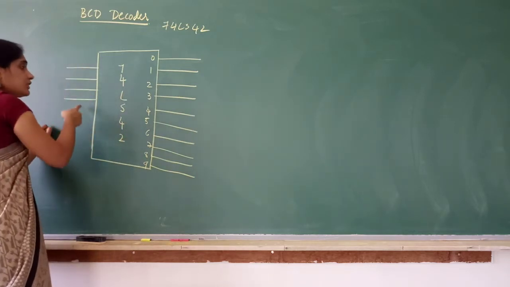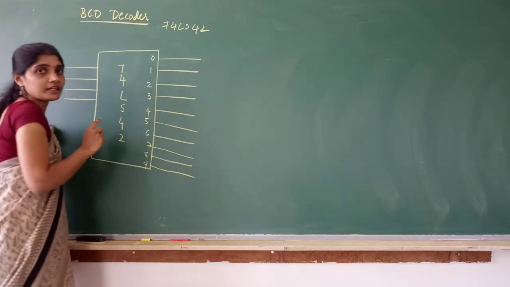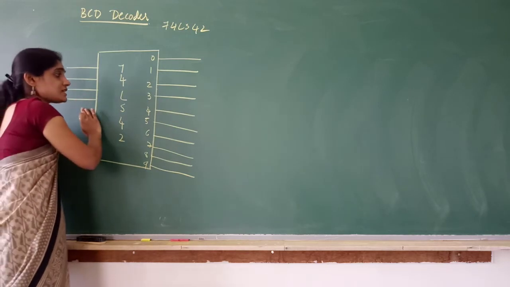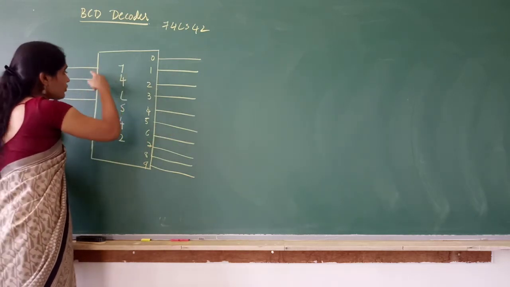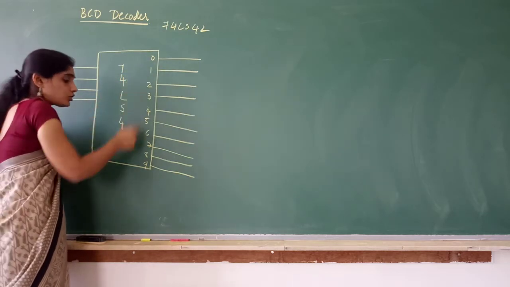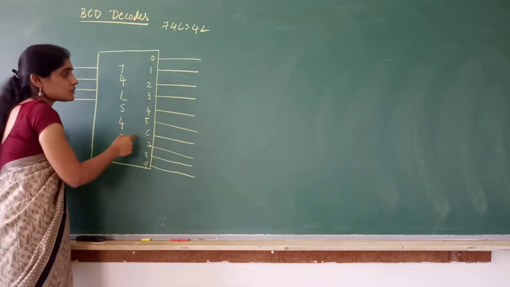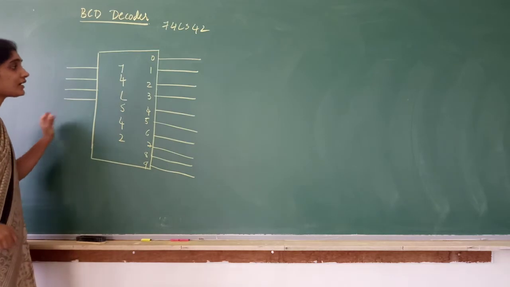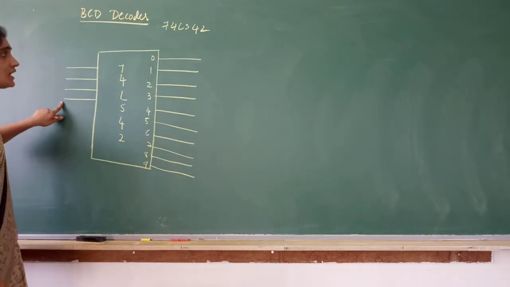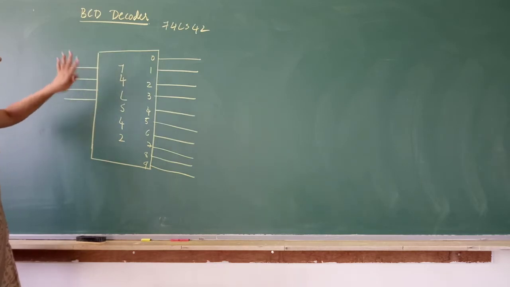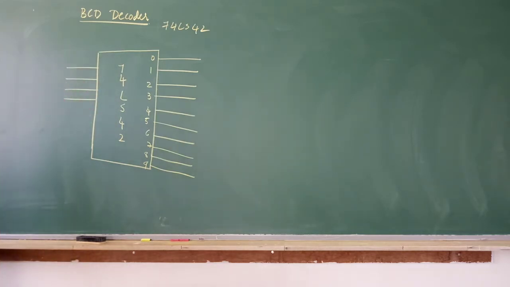So depending on the input, one of the output lines will be selected. So BCD numbers decoding, BCD decoder. Depending on the 4-bit input, 0 to 9 BCD, these numbers will be decoded. So one of 10 output lines will be selected based on the input A, B, C, D, and this is the pin configuration of a BCD decoder.